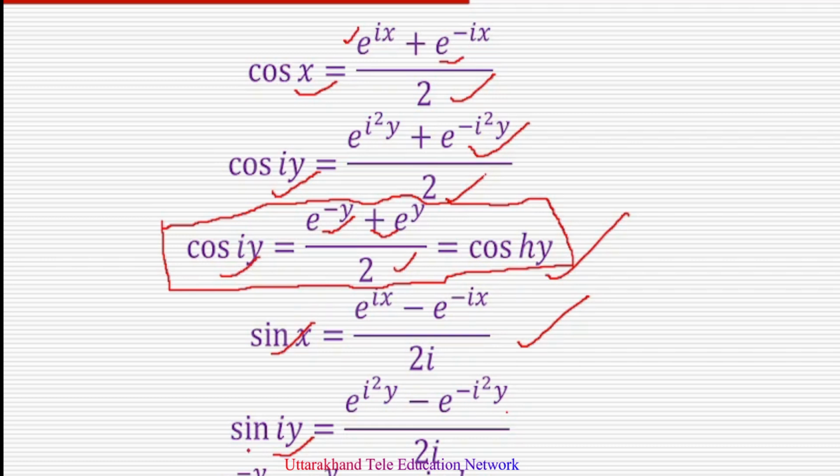So this expression is equal to minus hyperbolic sin y over iota, and we know that minus 1 is iota square, so iota and iota cancel out, and this is iota sin hyperbolic y. So sin iota y is equal to iota sine hyperbolic y.